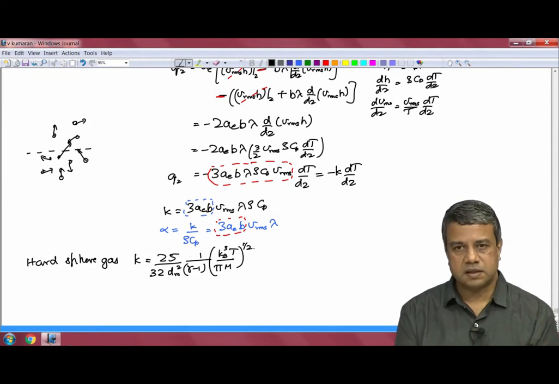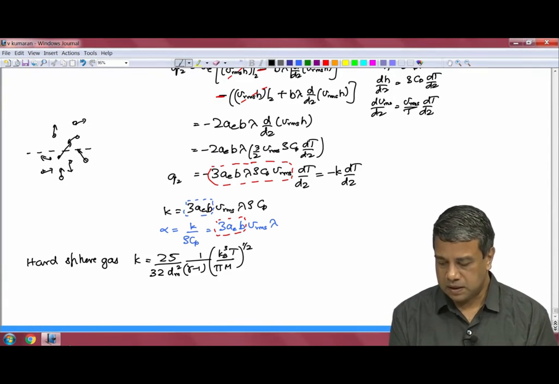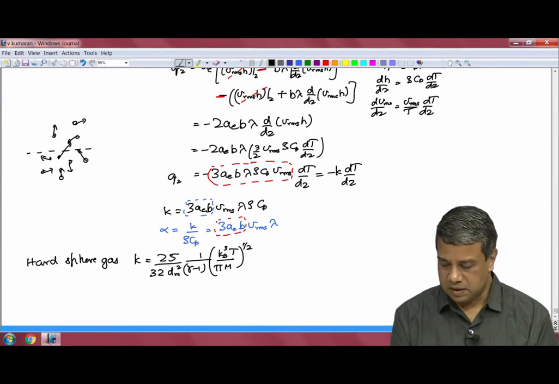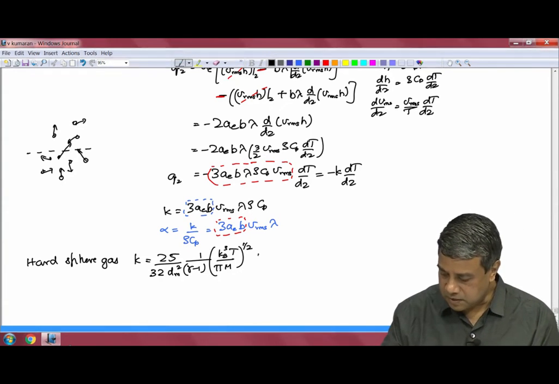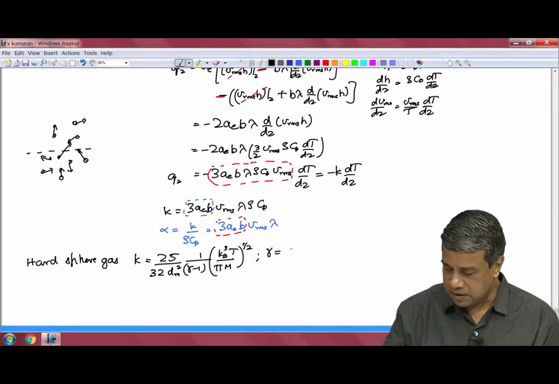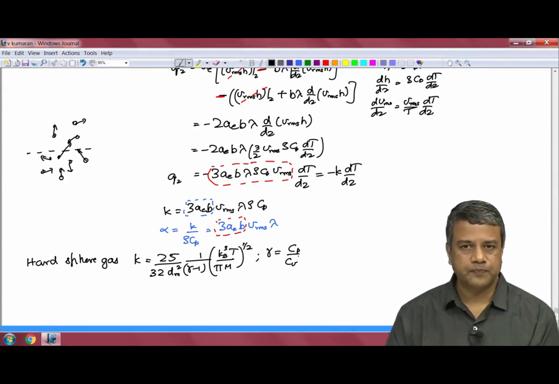That is the thermal conductivity, where m is the molecular mass, dm is the molecular diameter, Kb is the Boltzmann constant, gamma is equal to the ratio of specific heats, Cp by Cv.